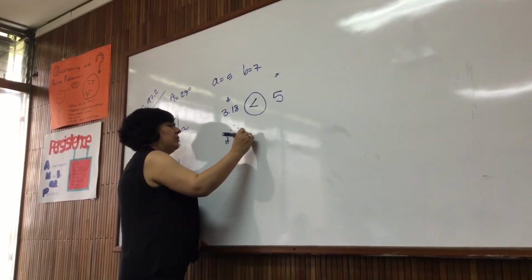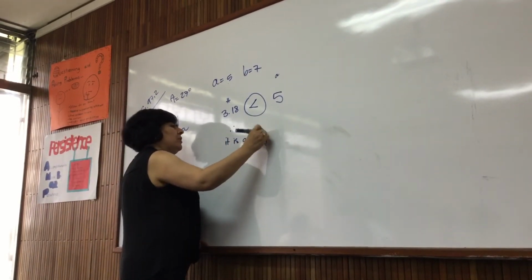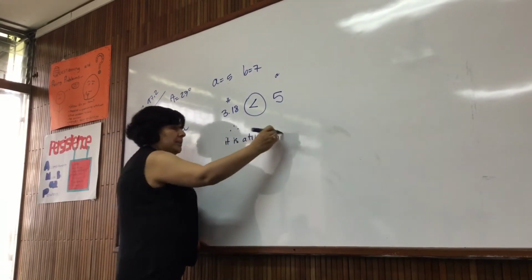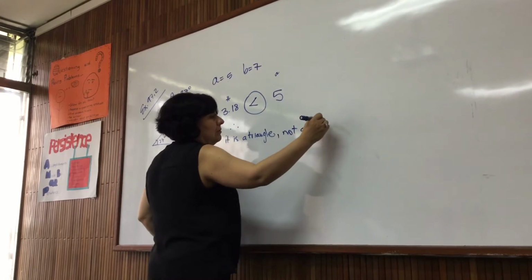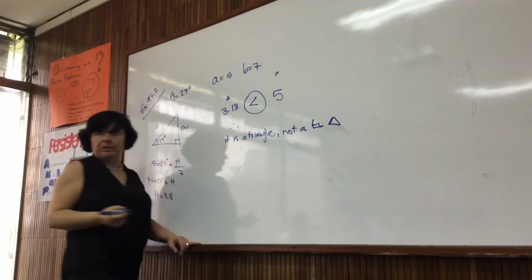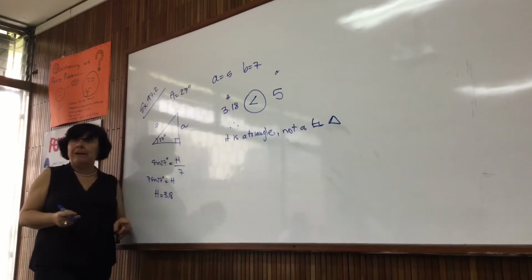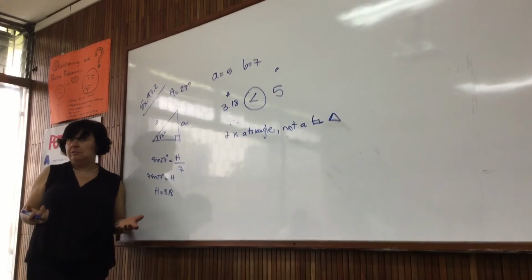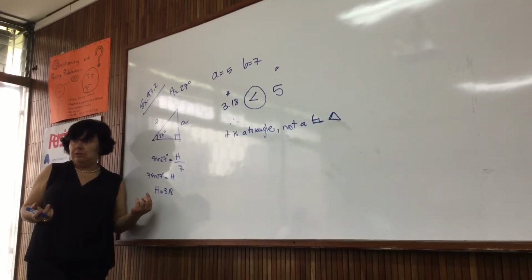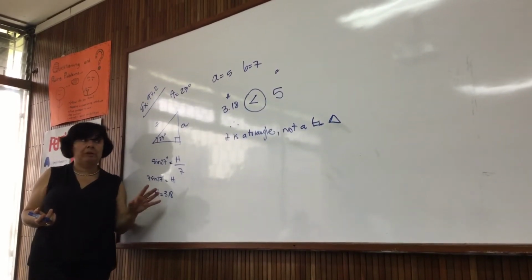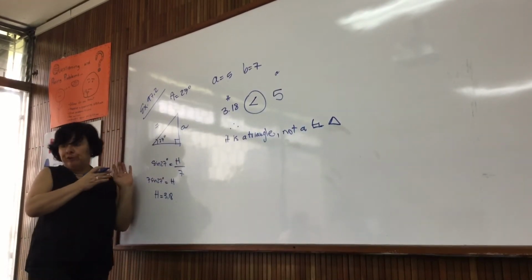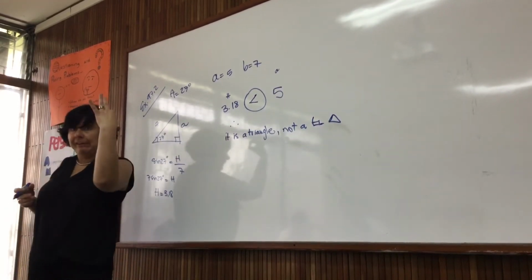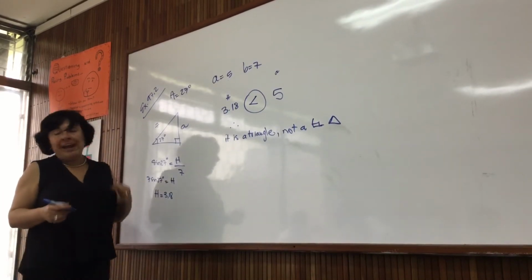Okay. Not a right triangle. Because if it were a right triangle, they would have to be equal, right? Since they're not equal, not a right triangle. And it is a triangle, so we discard the first 2 possibilities. Now we have to see.